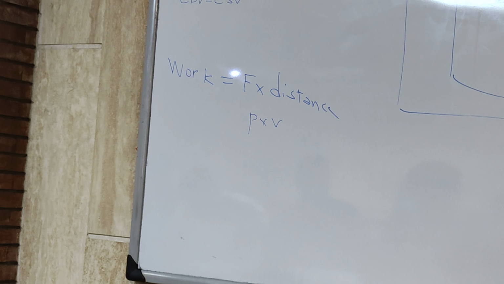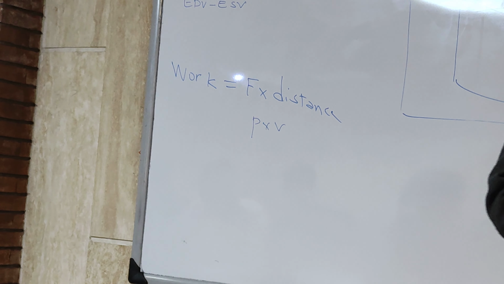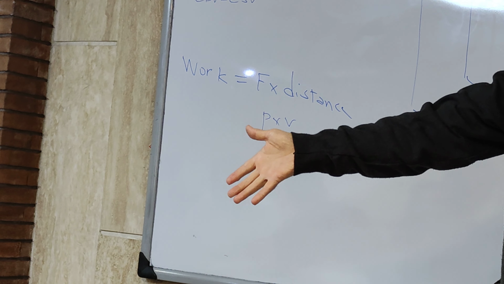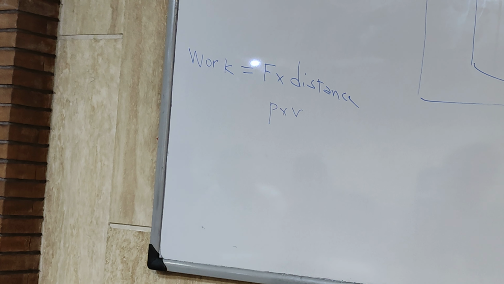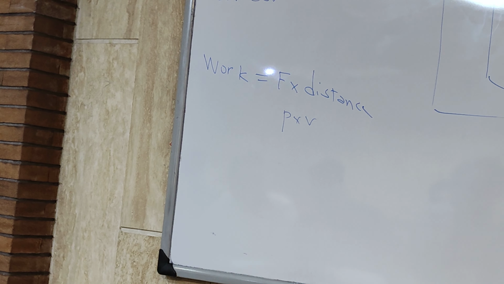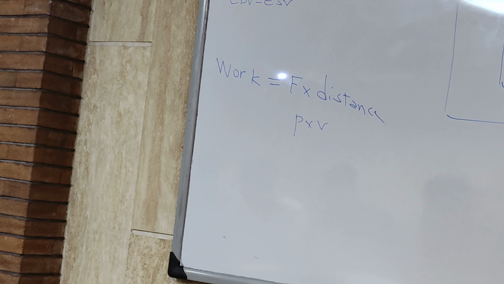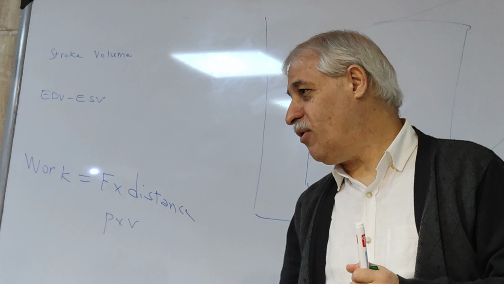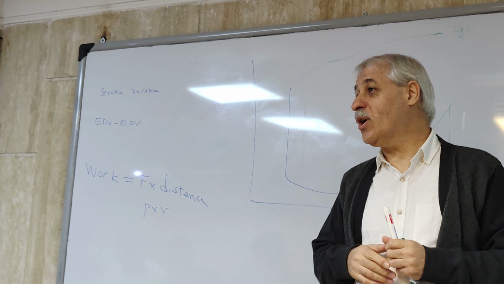If we want to measure the stroke work output, it means the amount of energy that is converted into work. Of the total energy that is used, part of it actually converts into heat. Part of the energy is converted into heat, and part of it is converted into work.